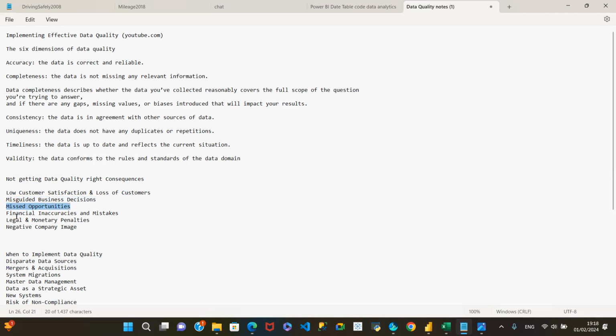There are a lot of inaccuracies within our financials, a lot of mistakes that cannot be good for business. Many a time businesses run into legal and monetary penalties. They run into fines for the way they have handled data, and it all stems most of the time from the quality of the data. And all of that would definitely breed a negative image for the company.